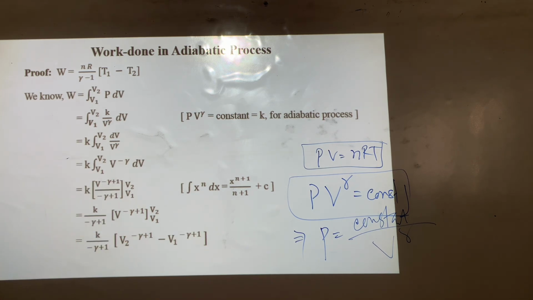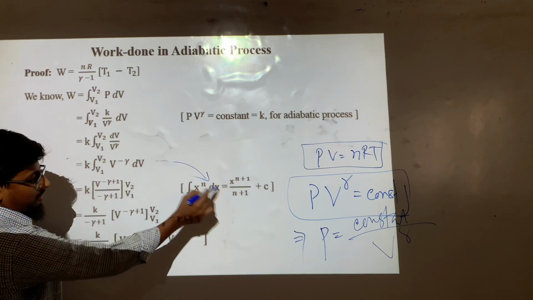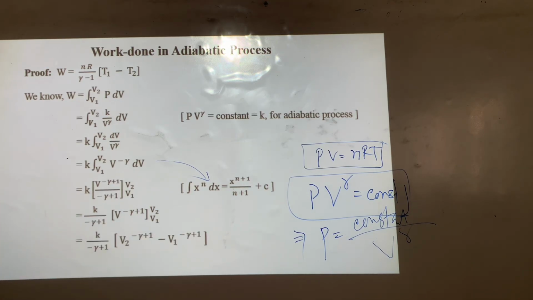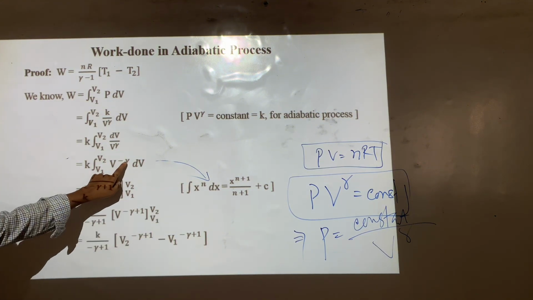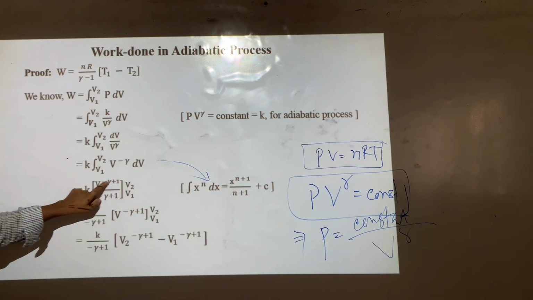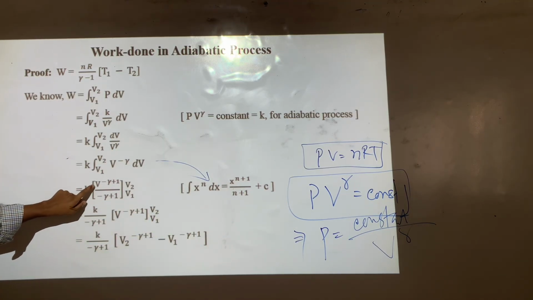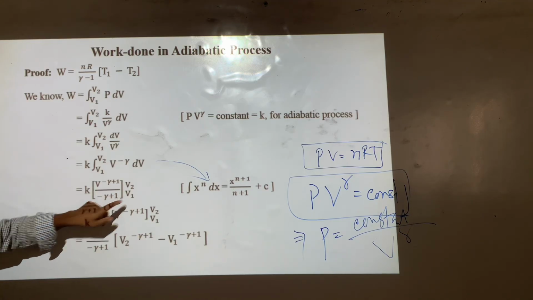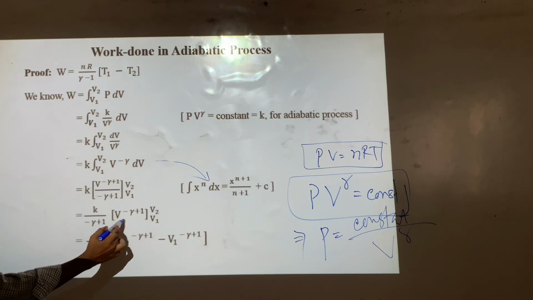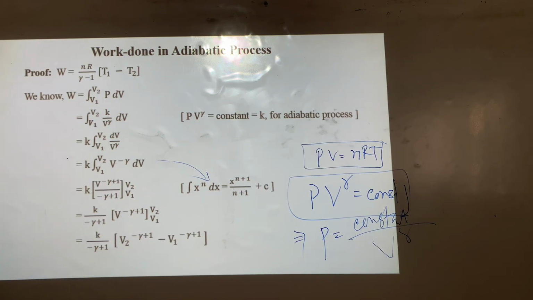Now we're going to integrate that using this good old formula, with n is equal to minus gamma. So I plug in n is equal to minus gamma: V to the power minus gamma plus 1 divided by minus gamma plus 1. Then I plug in volumes V1 and V2, and I have this constant K right here. Anyway, let's go to the next slide.